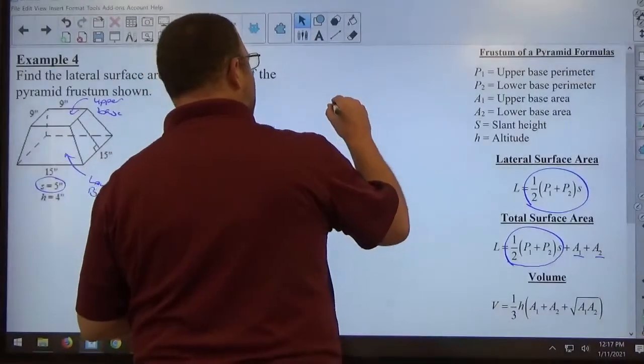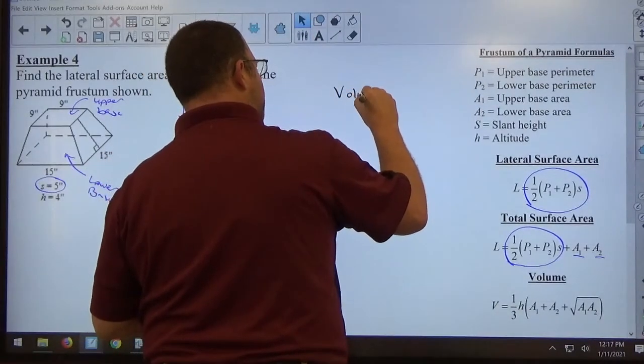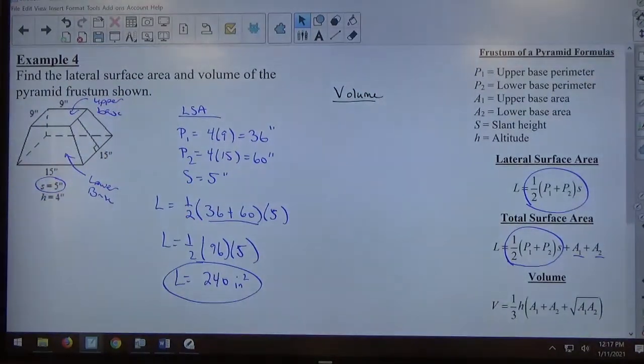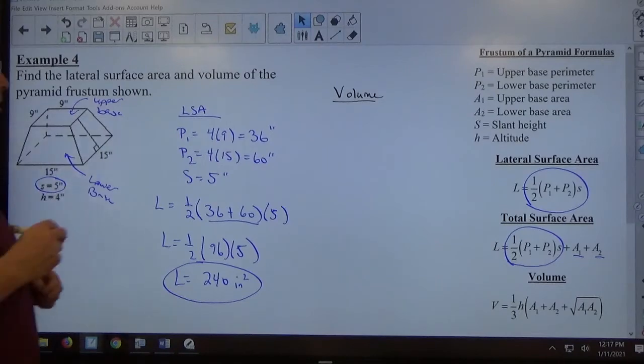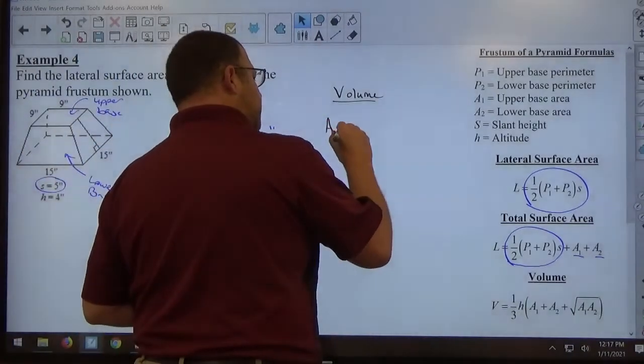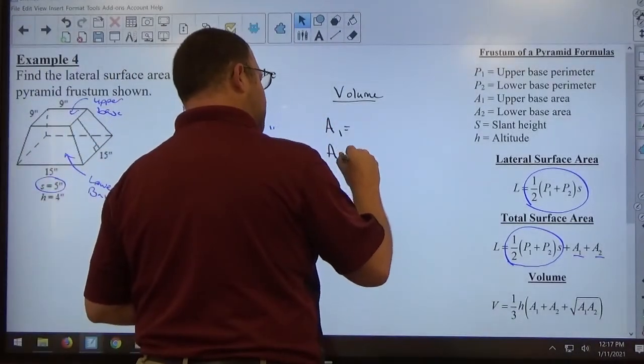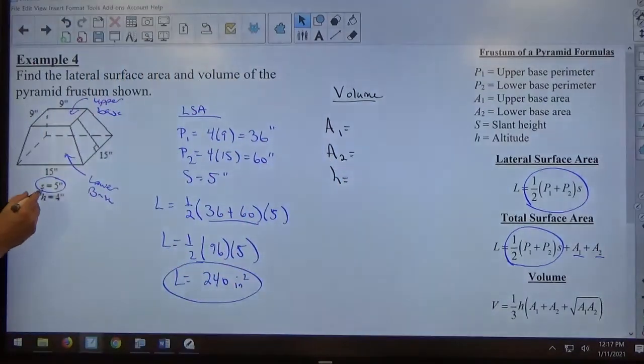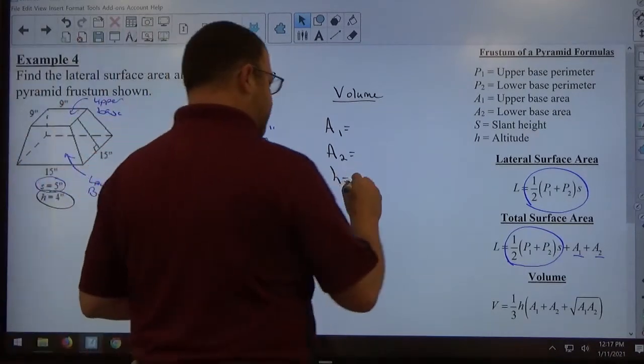Move on to volume. A volume requires to know the area of the top, the area of the bottom, and the height of the frustum. So the area 1 equals something, area 2 is equal to something, height equals something. Well, height, just like slant height's given to me, height is equal to 4 inches. So that's known.